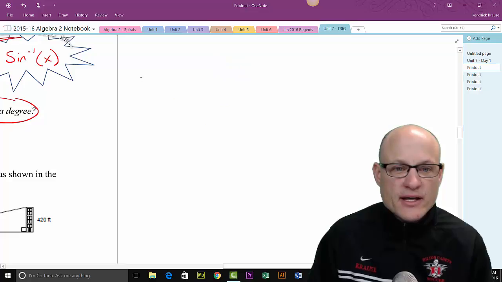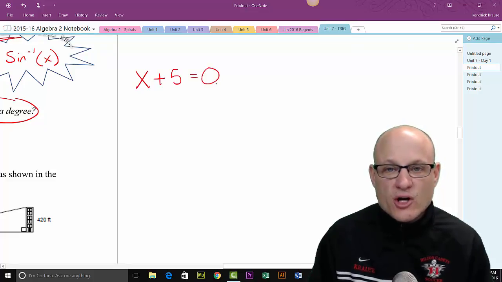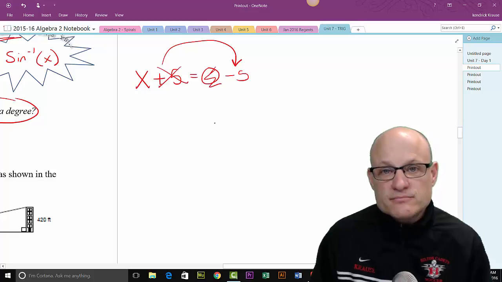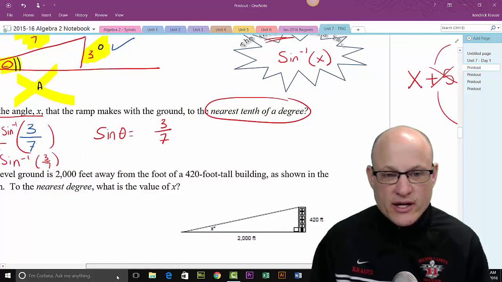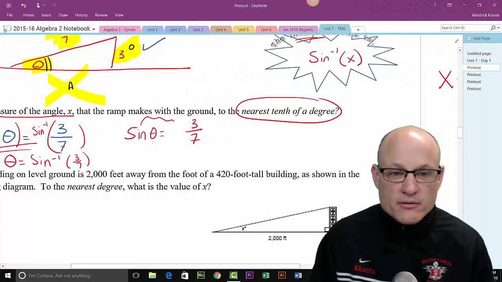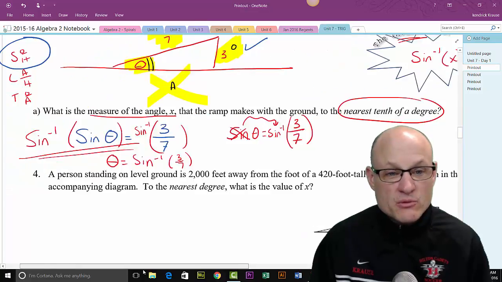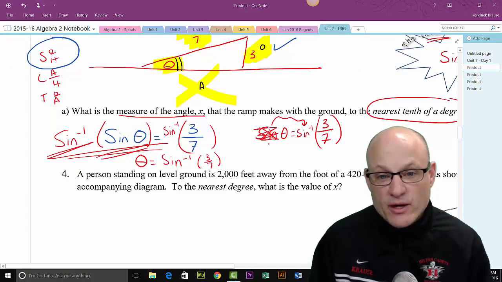If I had x plus 5 equal to 0 and I said solve for x, wouldn't you move the 5 from here to here, and when it moved over, it became negative 5? When something moves from one side to the other, we get the opposite. That's what I want you to be thinking about with sine. I want to move it over here, and it becomes sine -1. We change the sign. Now, that's not in effect what we're doing. What we're really doing is taking the inverse of both sides, but this is kind of an easy way to remember how to do it.